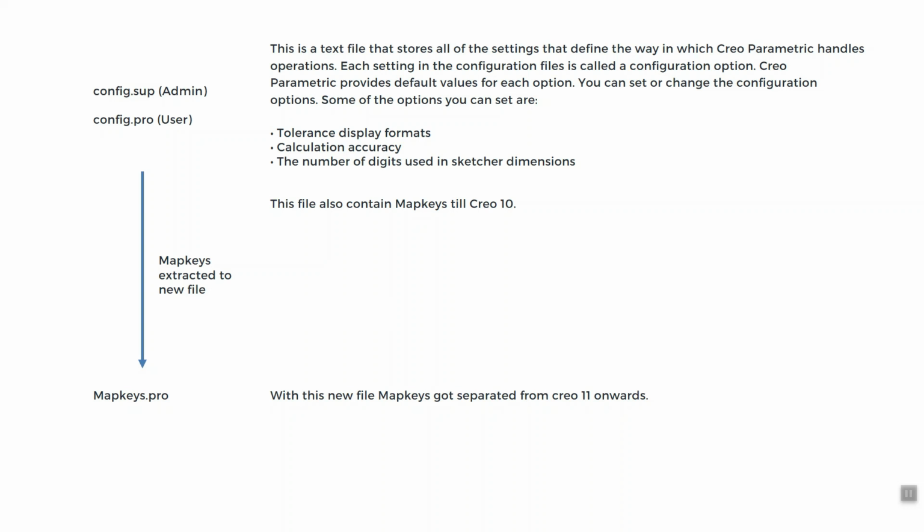If the admin creates some mapkeys for the users of his company, then Mapkeys.pro should be kept in the admin level directory, that is .text. And if the user wants to add some mapkeys, the user cannot add to that file, so the user needs to create another Mapkeys.pro, and it needs to be kept in the run directory.